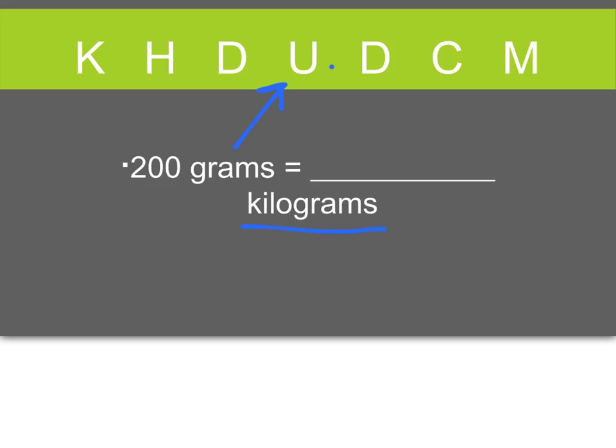Remember, I'm heading to kilograms, so I need to make my loops to the left. So I'm going to go 1, 2, 3, and that's where I stop, always to the right of the letter. So with 200, I've got to go 3 decimal points. So my answer is 0.200. Okay, and of course the unit is kilogram.